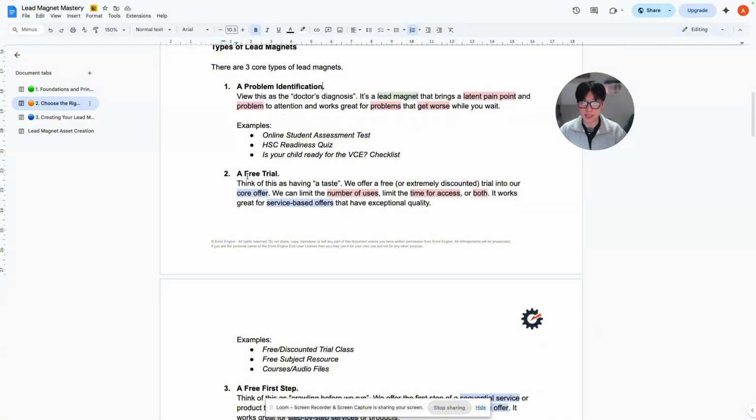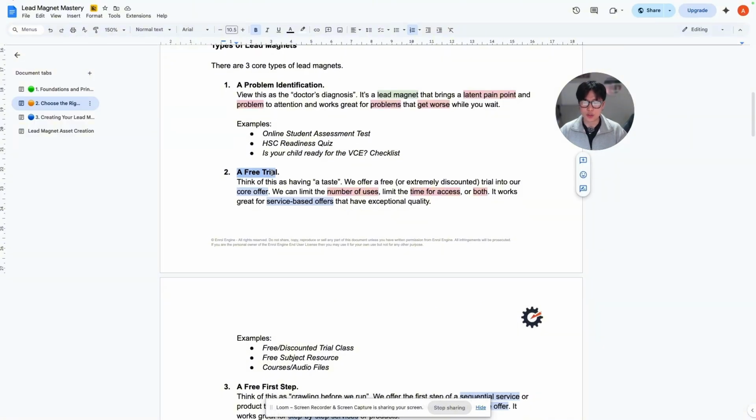The second lead magnet type is a free trial. So I want you to think of this as having a taste of what the service could look like. We offer a free or extremely discounted trial into our core offer or in our paid service. And we can either limit the number of uses, so the number of classes, so maybe like 2 free trial classes or 1 free trial class.